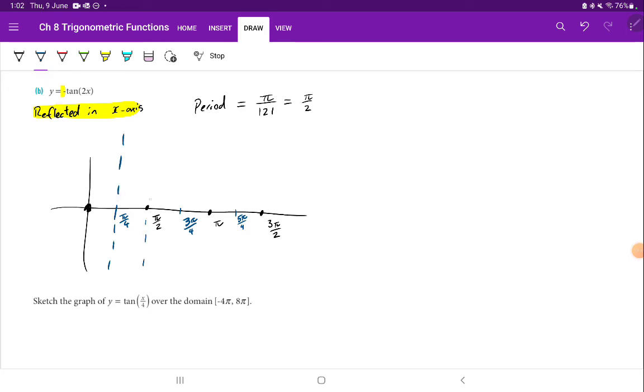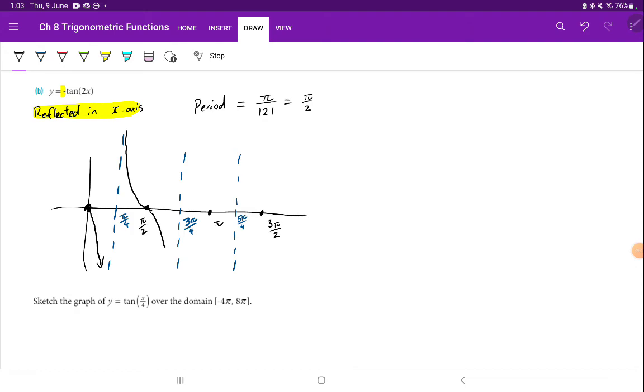Now, if I didn't have the reflection happening, well, it'd be increasing just like before. Oh, I've drawn an extra one in there. I was wondering why it didn't line up. So normally it would look like this, and then like this, and so on and so forth, but it's been reflected. So it's actually going to be pointing downwards and then coming down from the top, flattening. Oh, let me move my pi on 2.